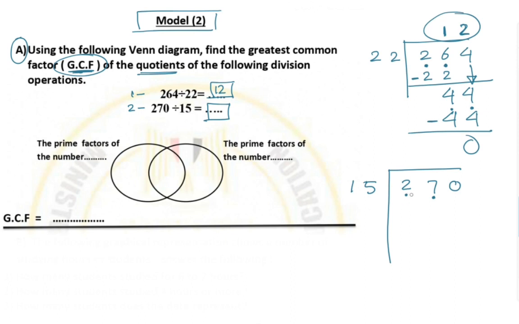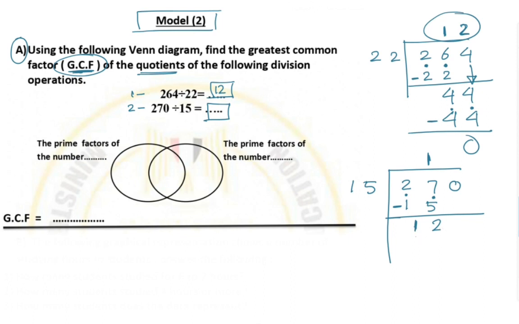Now I have 27 divided by 15. 27 includes just one 15. So write 1 above the 7. Here we have nothing. Okay, now 1 multiplied by 15 equals 15. Turn to subtract. 7 minus 5 equals 2. 2 minus 1 equals 1.